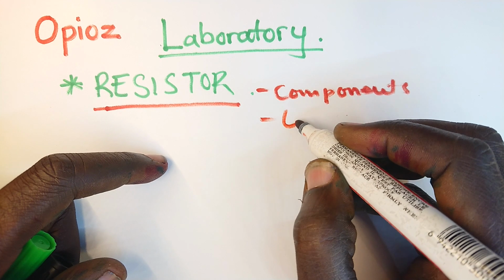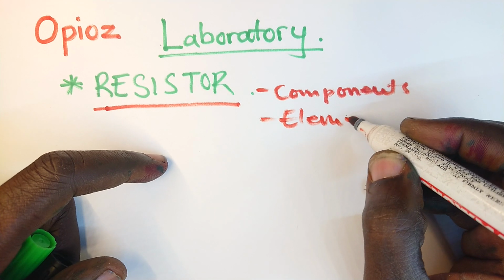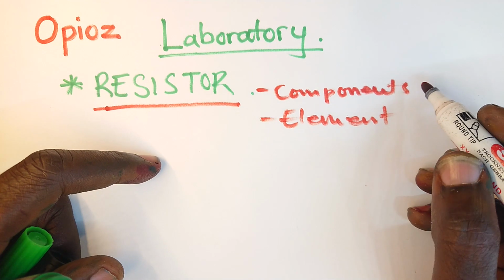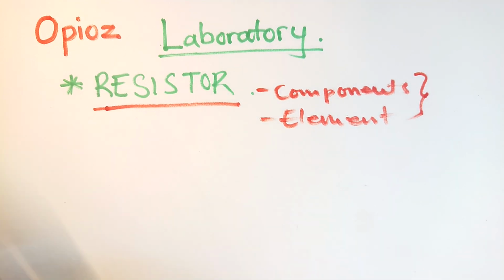Elements, and the magnitude by which it is able to resist the flow of electricity is basically what we term as its resistance. So resistance is just measured in ohms, like we said earlier on. That's the unit of resistance. So the bigger the resistance, that means that resistor has a higher ability to stop or limit the flow of electricity.